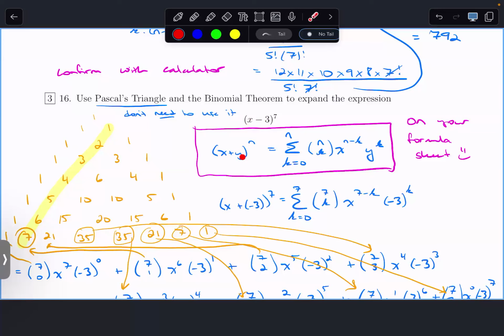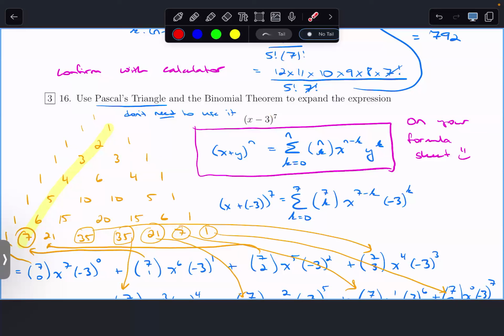So wherever you see a y, you're going to put in -3. And then your n is 7 in this case. So then you're going to map the summation from k equals 0 to 7. Just filling in the values that you have here.